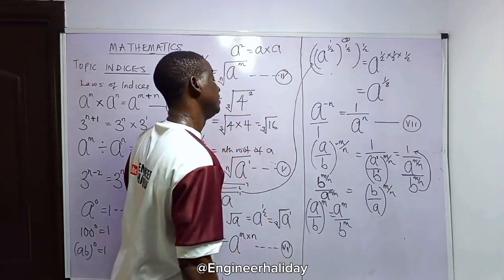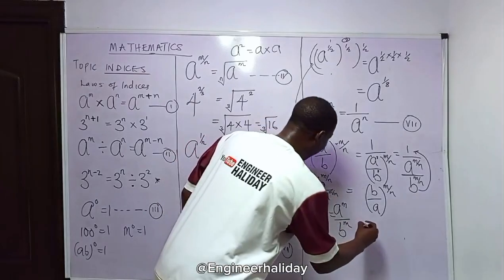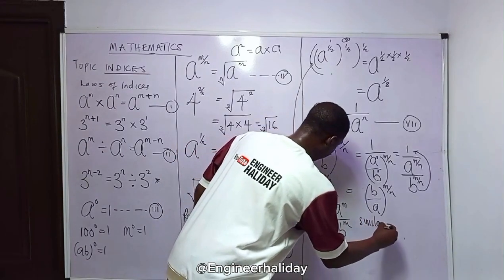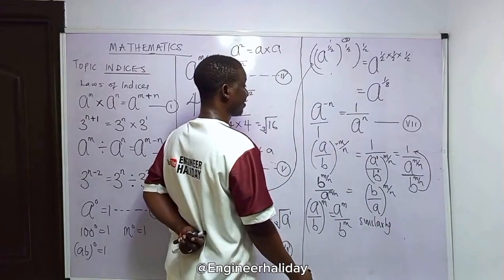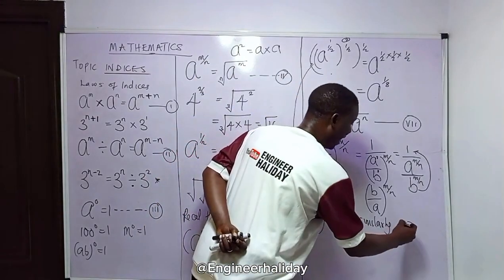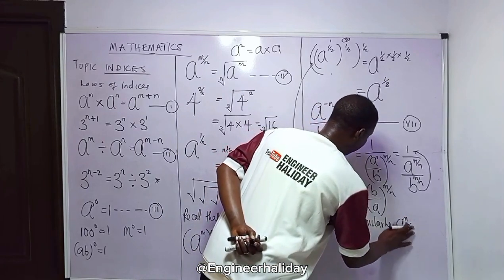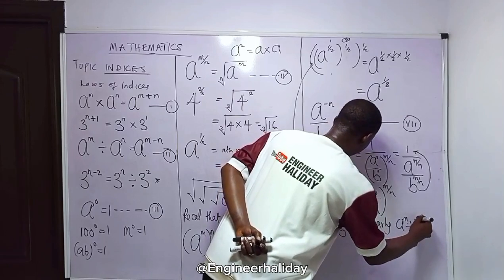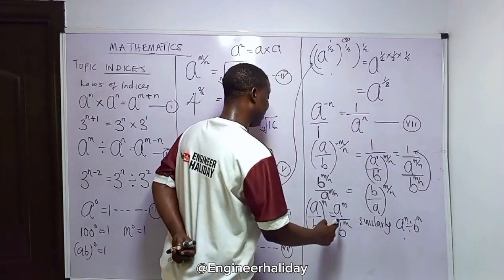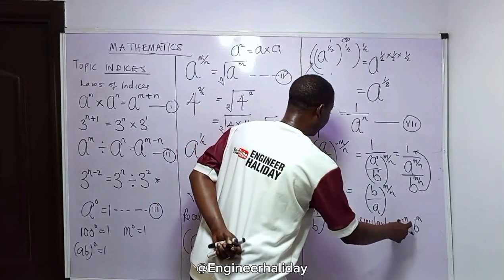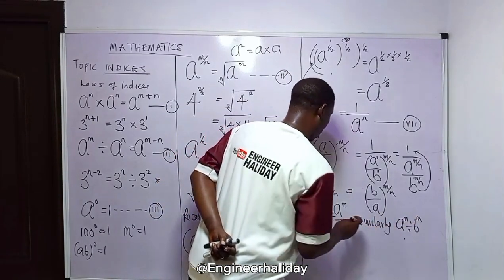M over n. So that is another thing. Similarly, you can also write it as what? B raised by n divided by a raised by n. The same thing as this one. So somebody else can write this or this.